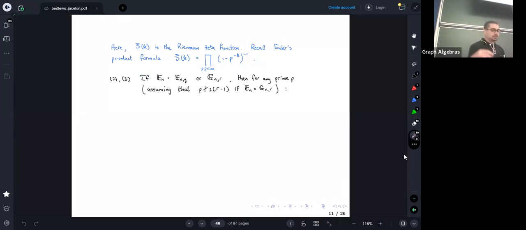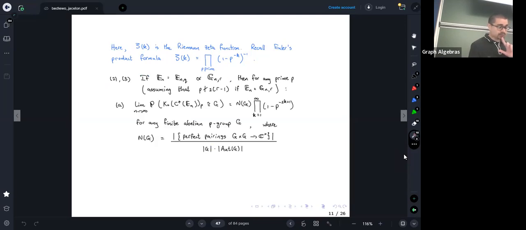Okay, let's get to the other kinds of graphs. So the Erdős-Rényi ones, and the regular graphs. Here we have a similar statement for cyclicity of Sylow p-groups. First of all, there is a result about the asymptotic probability of getting any finite abelian group G. It's a little more complicated in this case.